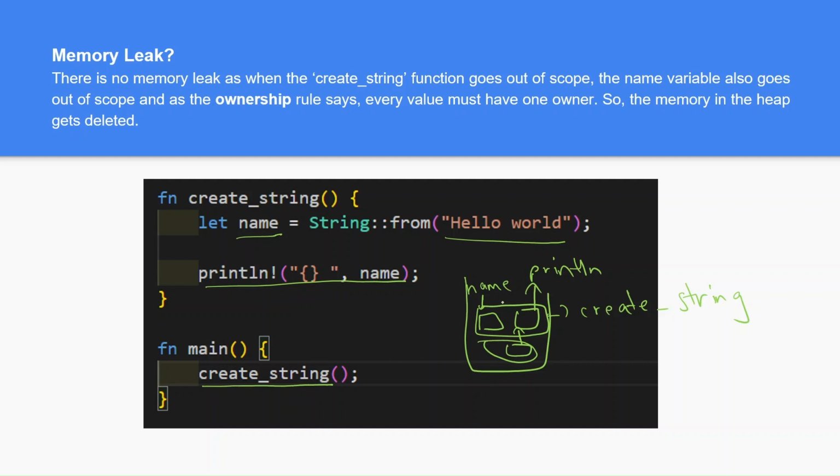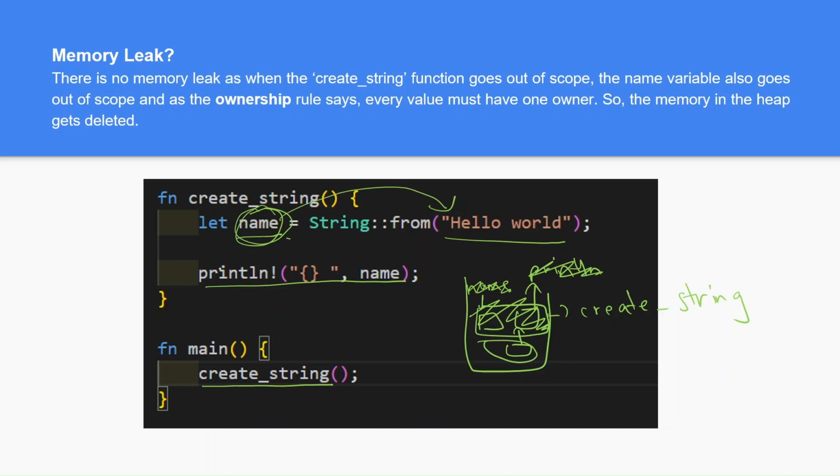Now when create string is fully executed, you can see the println will be removed from the stack and the name will be removed from the stack. But as this name is the owner of this value, when this stack frame goes out of scope, this name which was the owner also goes out of scope.